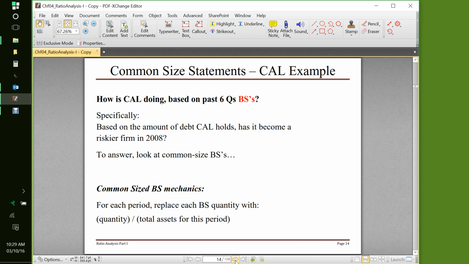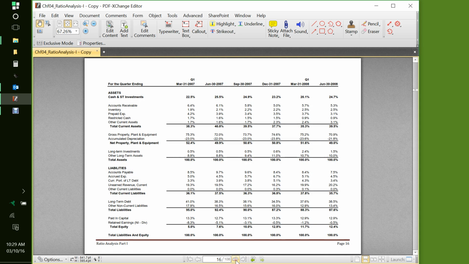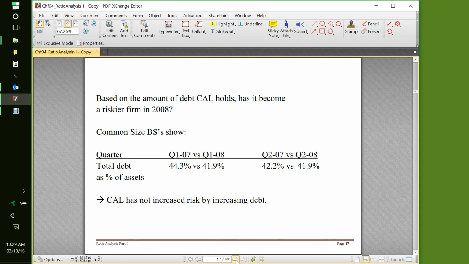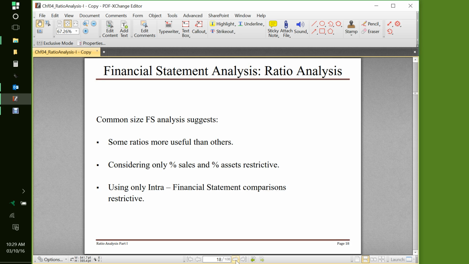But honestly, I'm not going to test you on them. You can read more about common size statements in the text portion of your finance package, Intro to Business Finance package, and that will give you a lot of information on how common size statements are typically done with balance sheets. Okay, and again, I'm not going to get into that here.